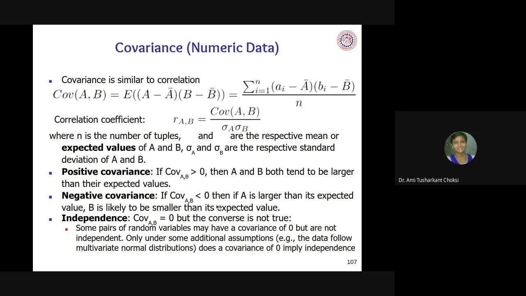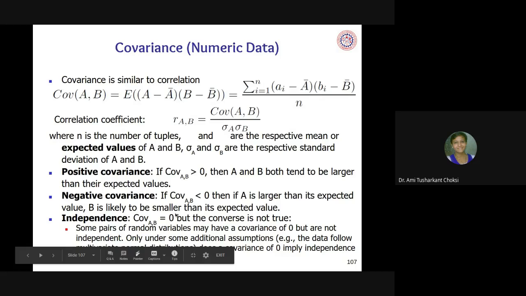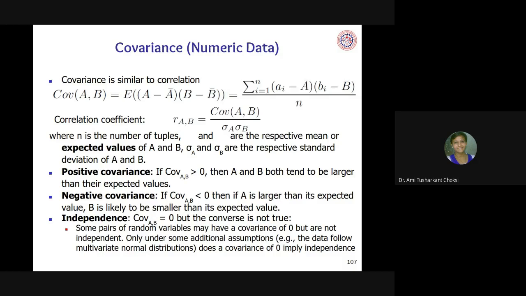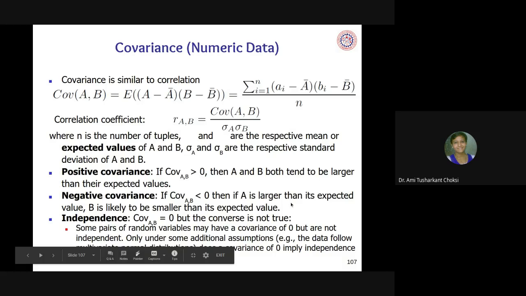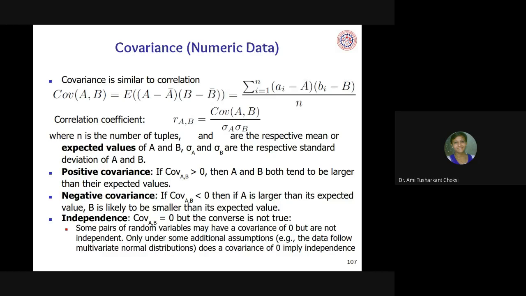Negative covariance, what does it say? If covariance is less than 0, then if A is larger than its expected value, B is likely to be smaller than its expected value. What we are trying to find here is something different from what we had before.